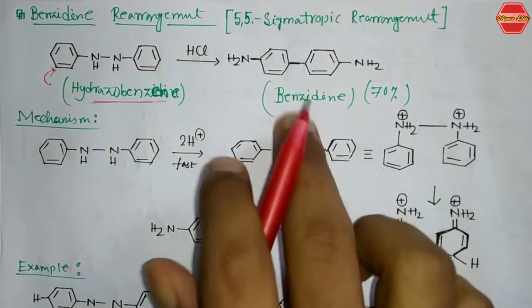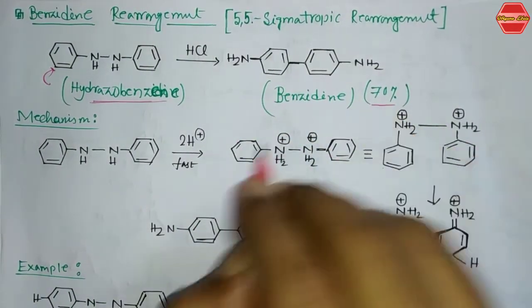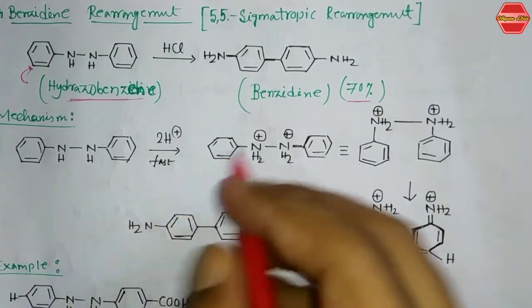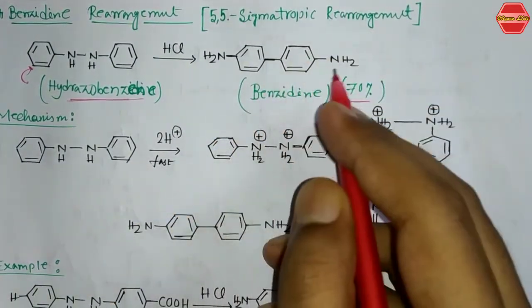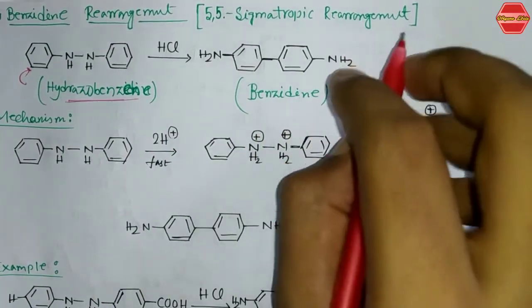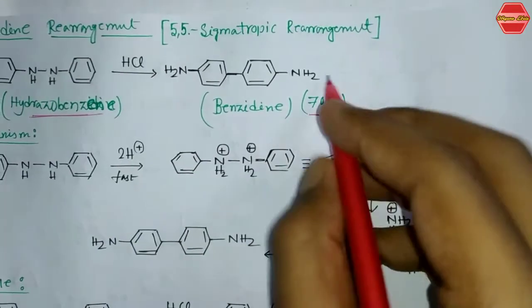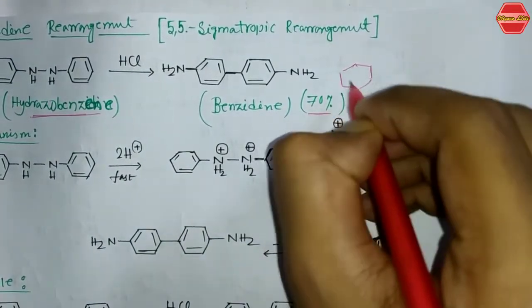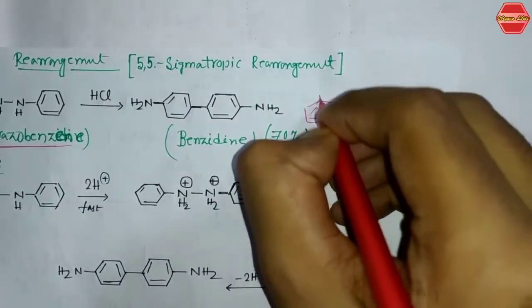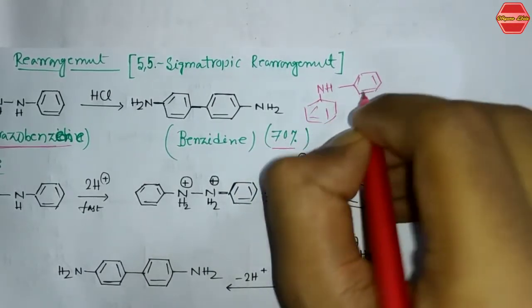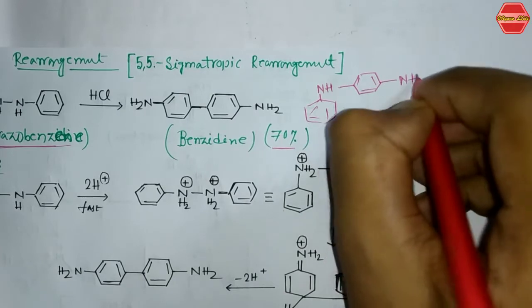So this is the major product that you can see here, that is 70% of the product you will get from the hydrazobenzene into benzidine. So that is why I am taking this here, that is the benzidine one. I am not writing the overall as para semidine or ortho semidine. So what is the structure of semidine? See here, that is basically this one. This is NH2 and this is another NH2.